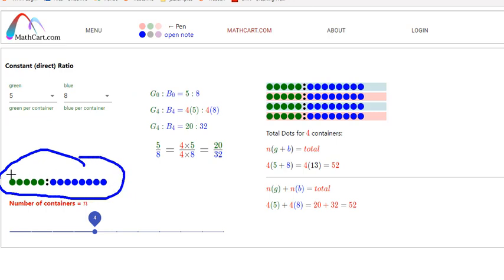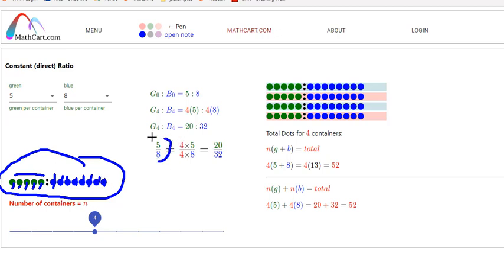Let's count them. Greens first, count all those. 1, 2, 3, 4. Okay, how many? 4. Count better than that. 1, 2, 3, 4, 5. 5. Okay, good. And how many blues do you have? 1, 2, 3, 4, 5, 6, 7, 8.